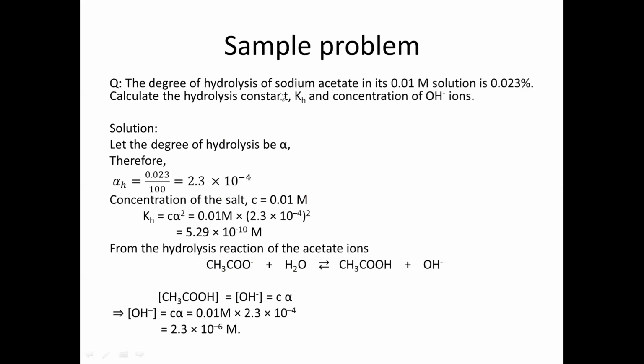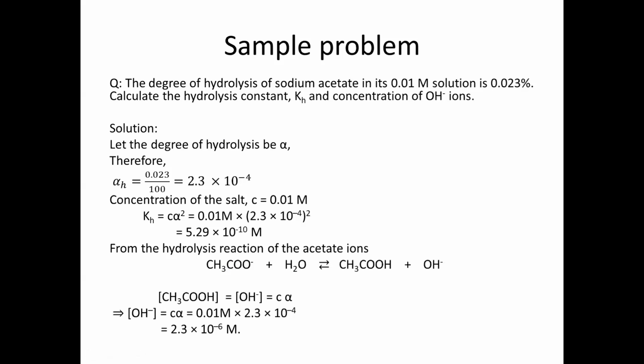The degree of hydrolysis of sodium acetate. Sodium acetate is the salt of strong base and weak acid. The degree of hydrolysis in its 0.01 molar solution is 0.023%. Calculate the hydrolysis constant and the concentration of OH minus ions.